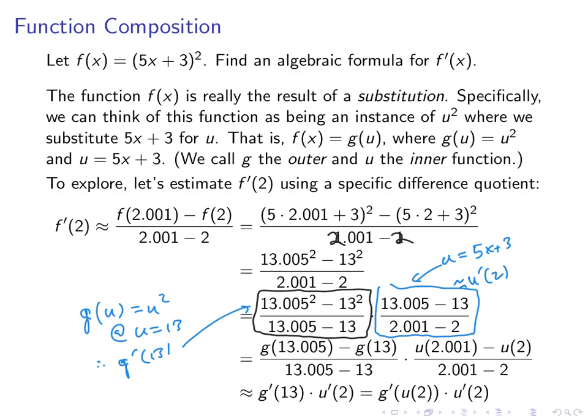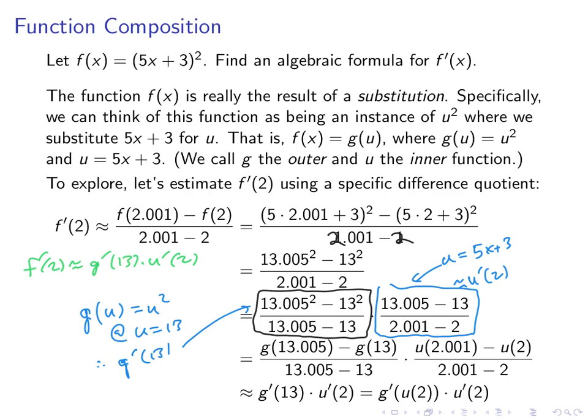And so I'm going to write it up here where we can see it instead of at the bottom. We're getting that f prime of 2 is approximately g prime of 13, that's the outer function, the square function, times u prime of 2, and that's the inner function. So the only thing that looks kind of weird is that 13 pops up there. It makes you wonder what's going on because your original input is 2, and here this is u prime of 2, so that makes sense.